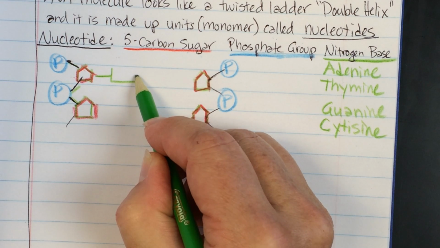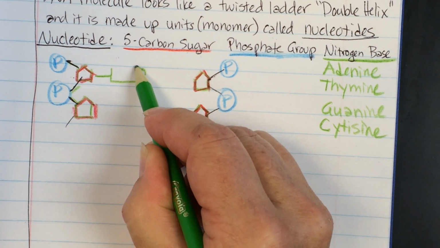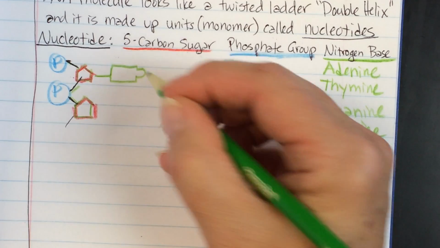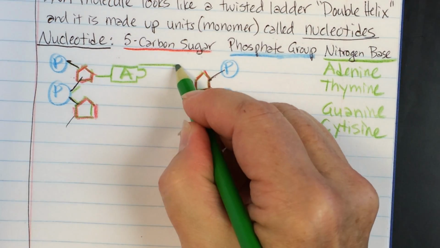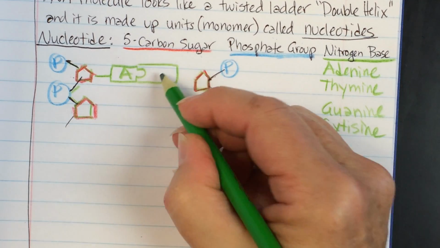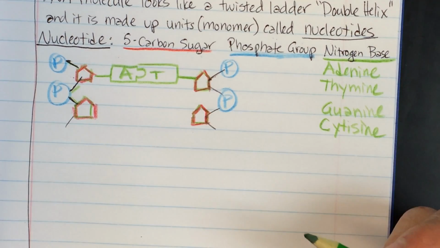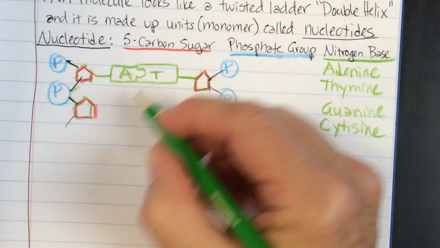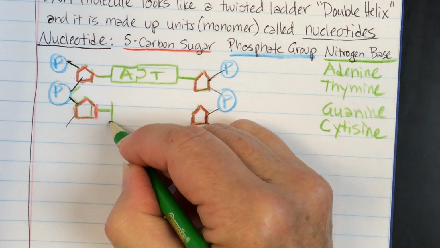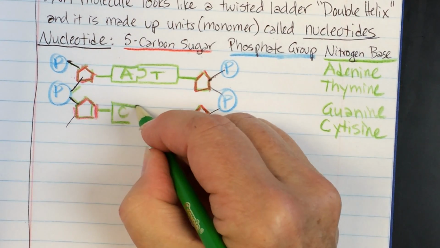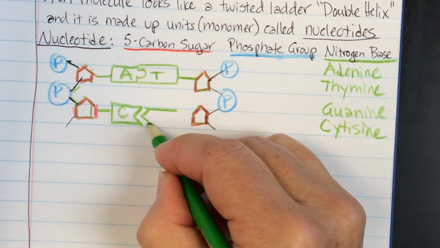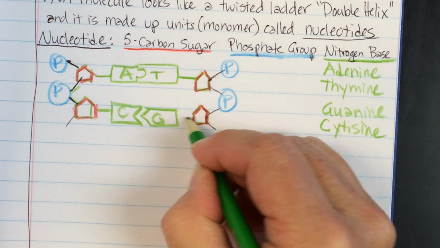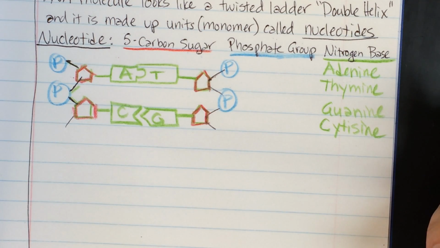So I'm going to make this like a piece of a puzzle, and I'm just going to label that A, and the only one that will fit that piece of the puzzle is thymine, and that makes that side of the ladder, okay? And on this one, I'm going to make this a C, and that's going to be shaped like that, and the only one that fits that is G, and that's that side of the ladder.